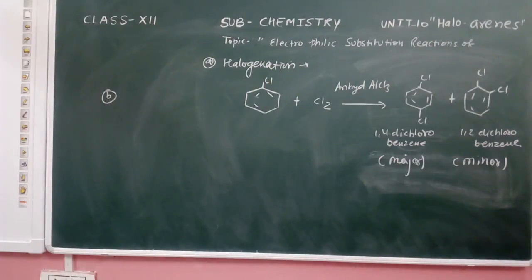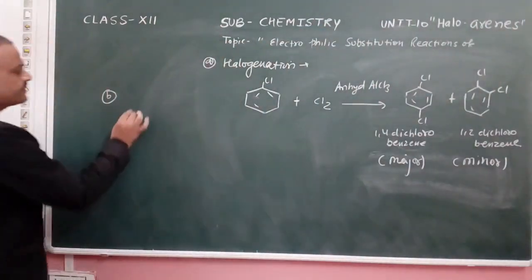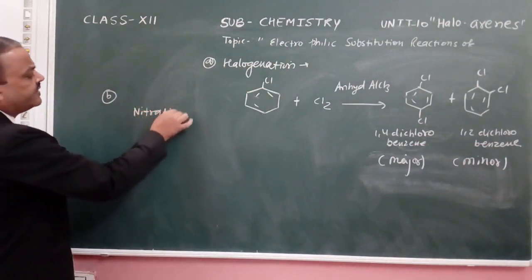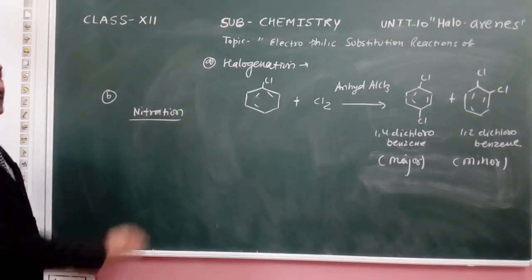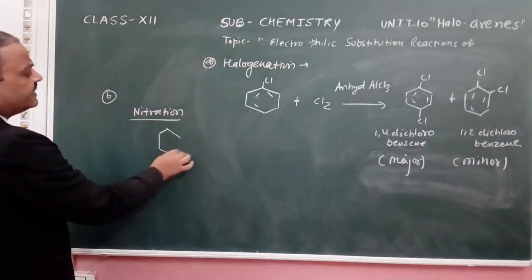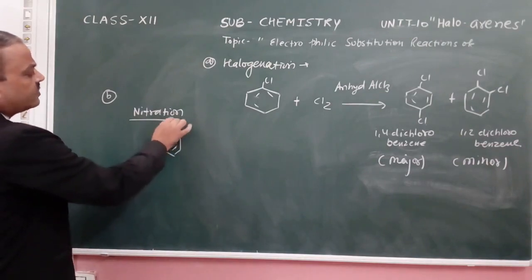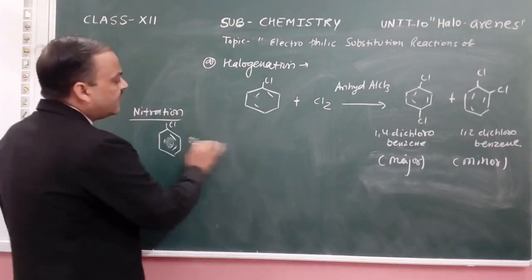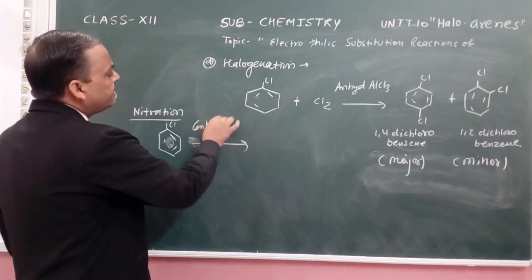Now another reaction we have is nitration. What happens in this nitration reaction? In this nitration reaction, this is the chlorobenzene molecule, and the reaction happens in the presence of a nitrating mixture.